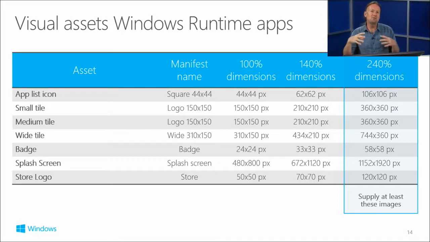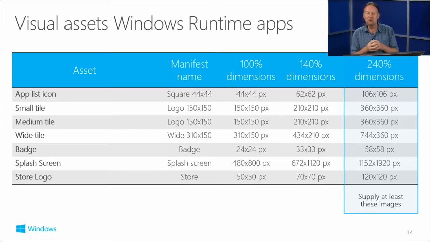So essentially, if you're supplying scale 240 dimensions, which are the biggest physical size images, then just supply those. And if the app is running on a lower resolution phone, then the system will automatically scale those down for you. So you're going to get really good quality images on all different screen resolutions.